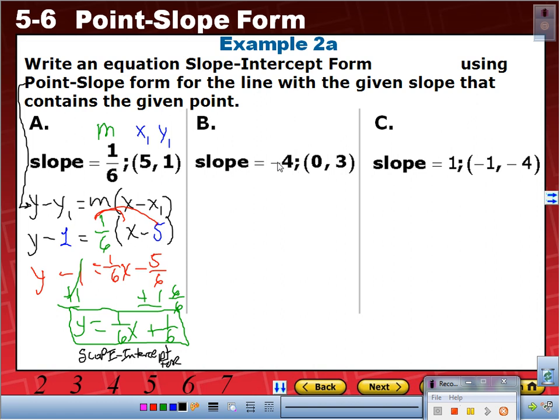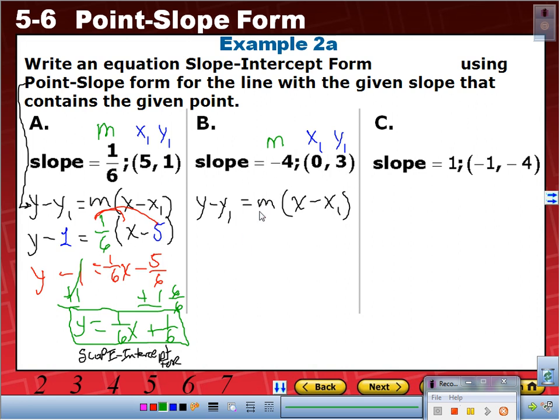Here we go. Our first step, if they give us a slope and a point, we need to write our point-slope form, don't we? So we write y minus y1 equals m times x minus x1. Let's label our slope. This is m. And our point, this is x sub 1, and this is y sub 1. Now do we have information to substitute?